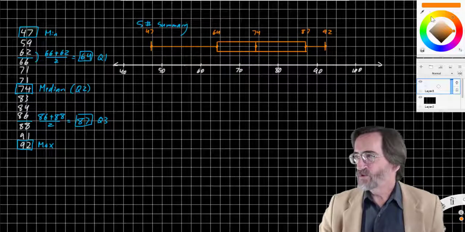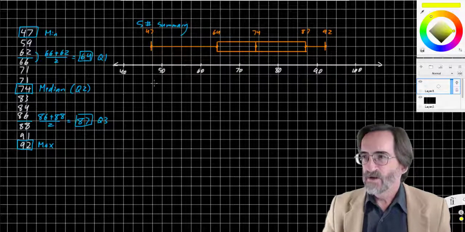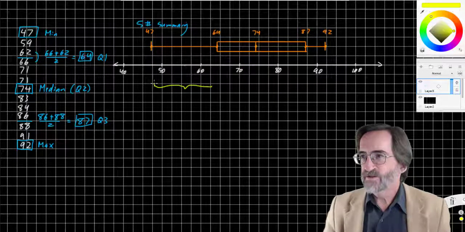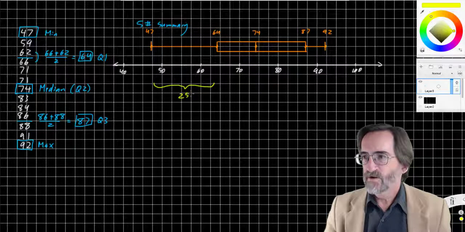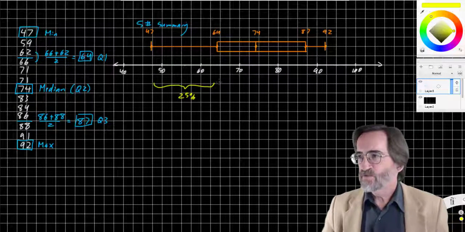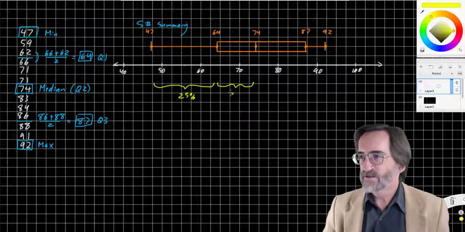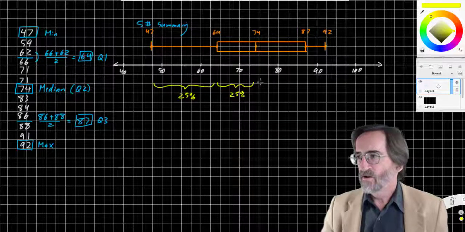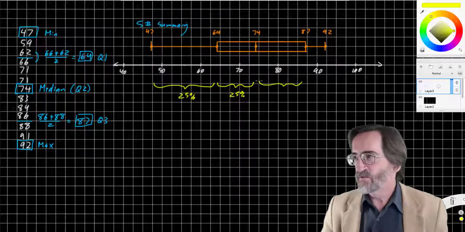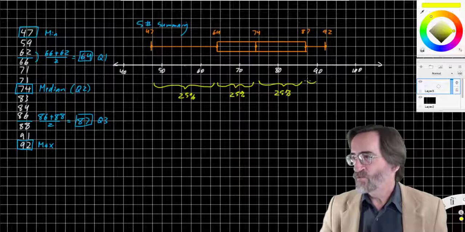Now it's important to notice something here. 25% of the data is in the left-hand whisker. 25% of the data is in the left half of the box. 25% of the data is in the right half of the box. 25% of the data is in the right-hand whisker.